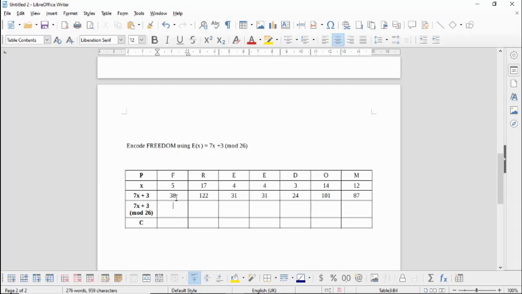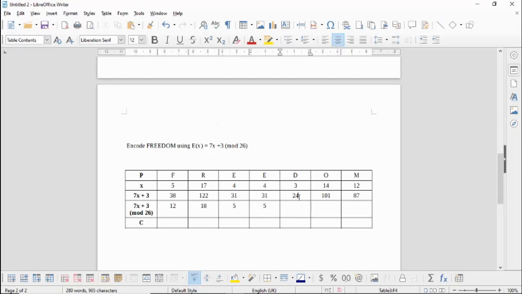So 26 goes into 38 once, so the remainder will be 12. 26 goes into 122 4 times, therefore the remainder will be 18. 26 goes into 31 once, therefore the remainder will be 5. Again, 5.